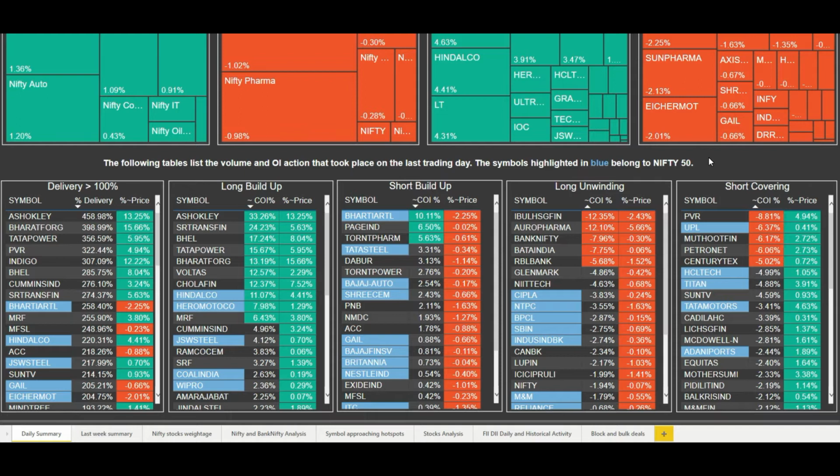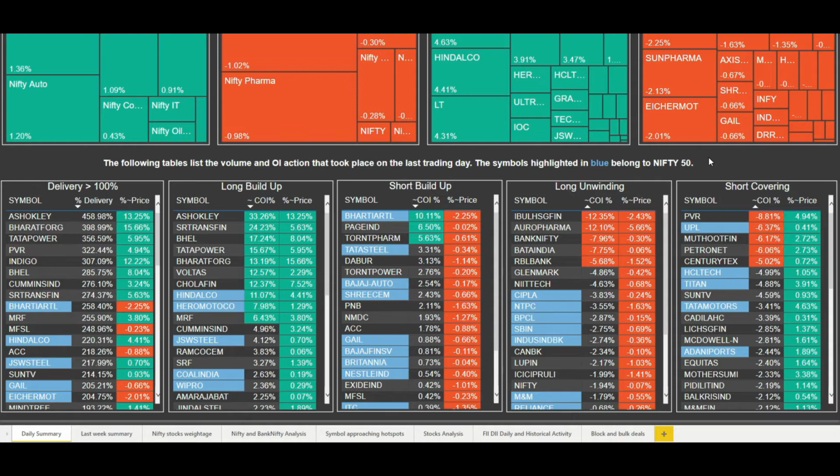Yes, we are comparing the last 1 week average delivery percentage, not the volume but the actual delivery percentage, with today's delivery percentage. If today's delivery percentage is greater than 100% as compared to the average delivery percentage of the last 7 trading days, then it's shown in this particular table.